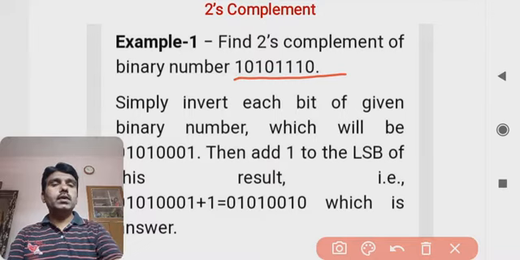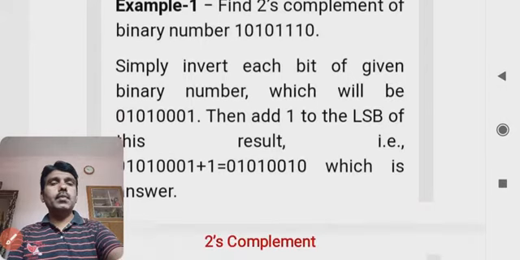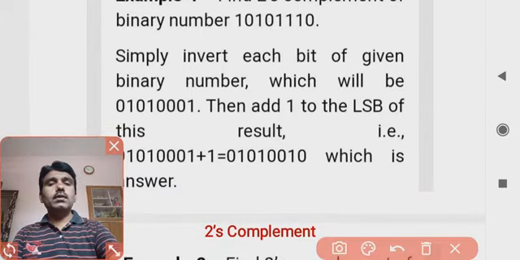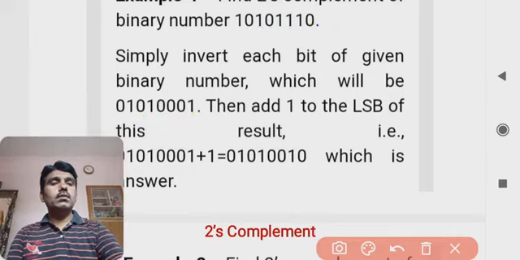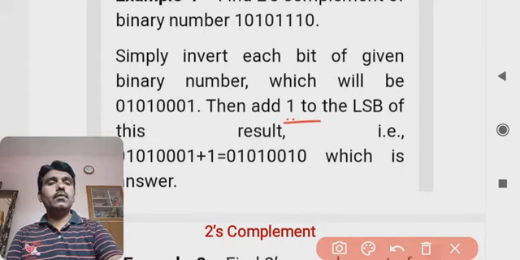That means you will get the values: for 101 it is 010, for 0111 it is 1000, and for the last 0 it is 1. So this is the 1's complement, and just add 1 into it and you will get the 2's complement of this number.